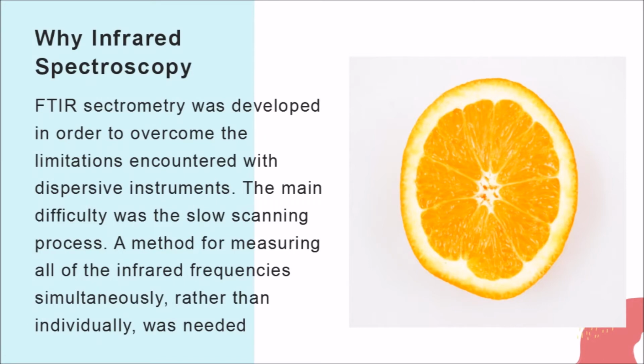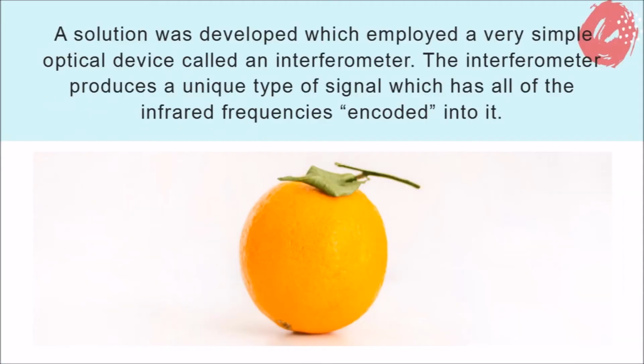FTIR spectrometry was developed in order to overcome the limitations encountered with dispersive instruments. The main difficulty was the slow scanning process. A method for measuring all of the infrared frequencies simultaneously rather than individually was needed. A solution was developed which employed a very simple optical device called an interferometer.